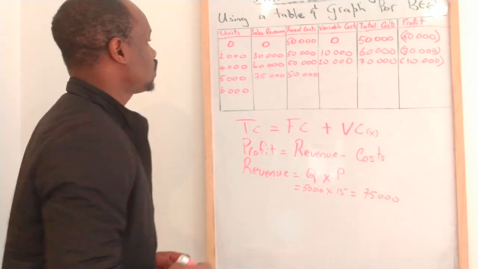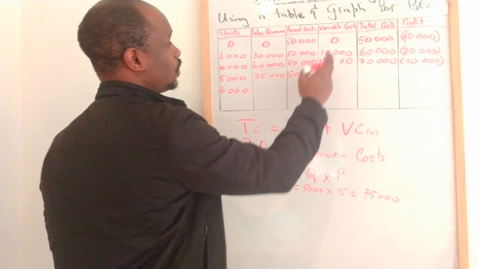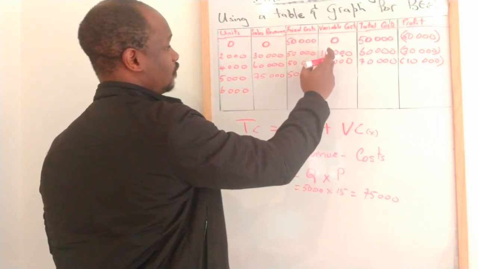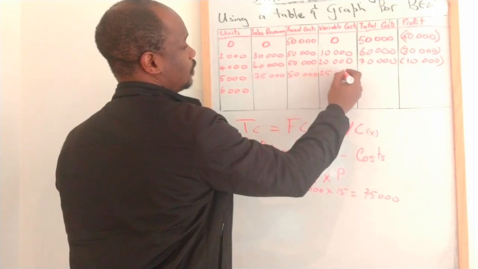An easy way to do this, we could say 1,000 unit is 5,000, so we could say 5, 10, 15, 20. We know that this is going to be 25,000.